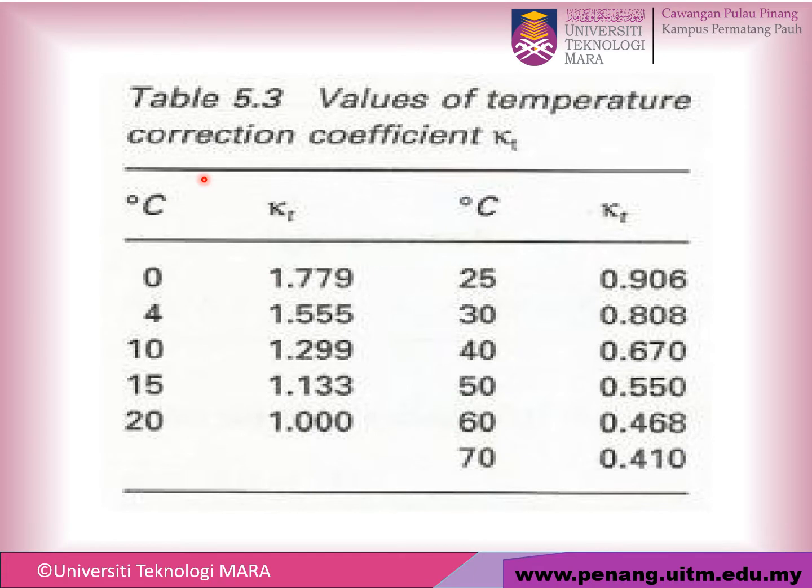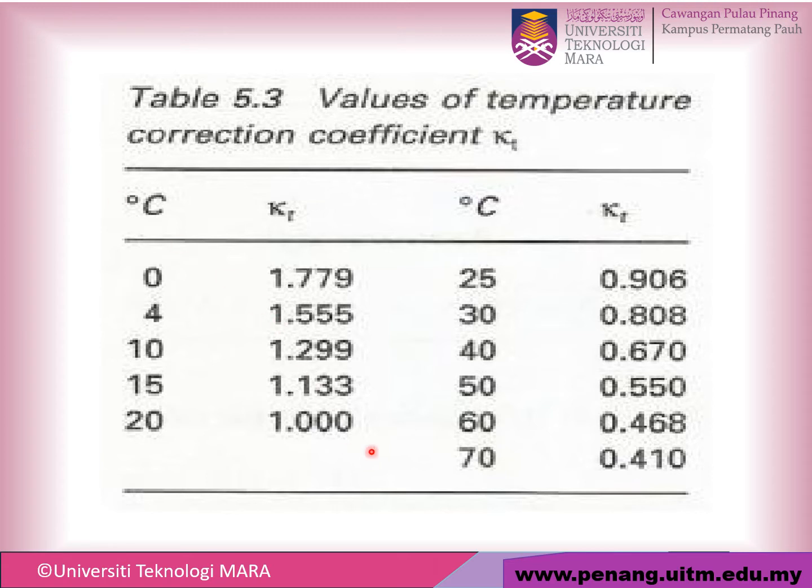Alright guys, this is the table of values of the temperature correction coefficient KT. Different temperatures will give you different values of KT. For 20 degrees Celsius, KT is 1. When the temperature is higher, for example 70, KT becomes 0.410.